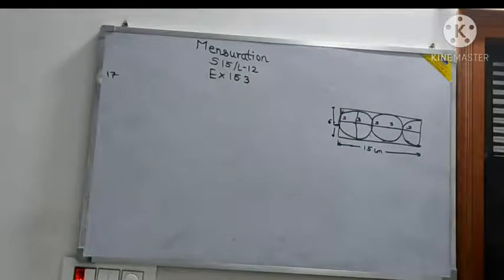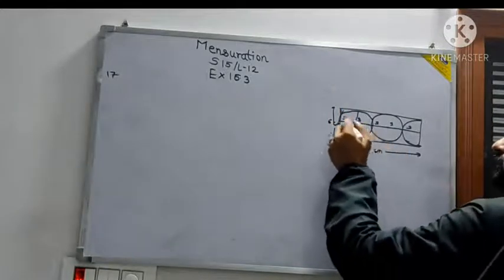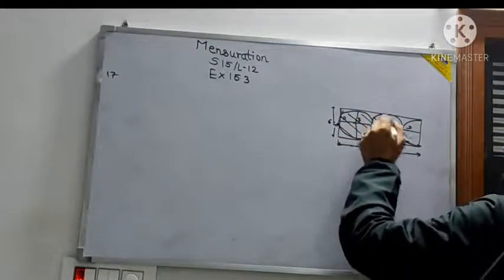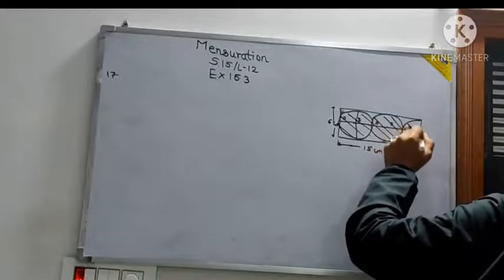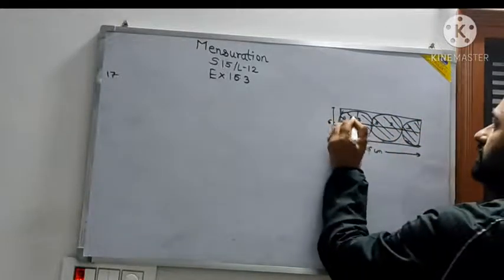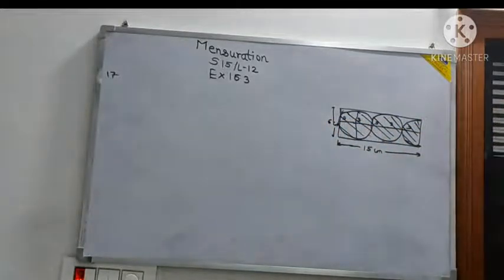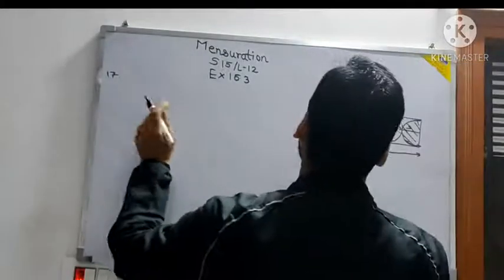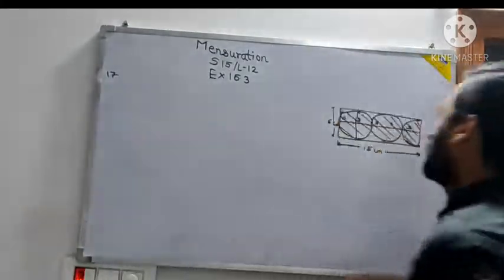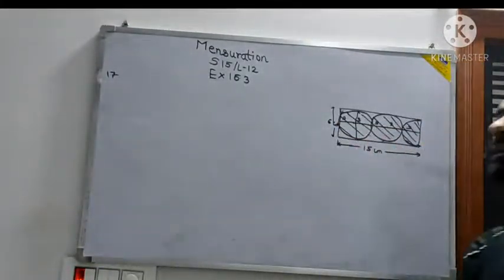Now see, all the circles are shaded. The question is saying, find the area of the unshaded region inside the rectangle. So you take out the area of the circles, which is 2 circles and 0.5 circle.